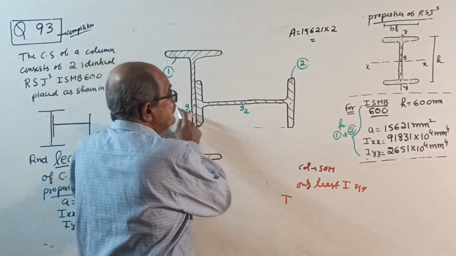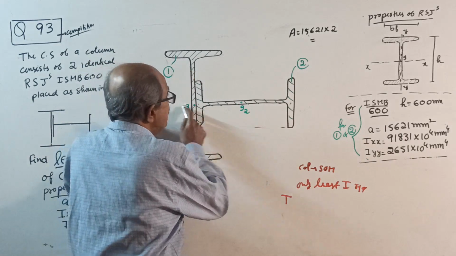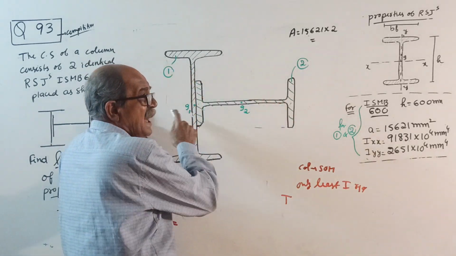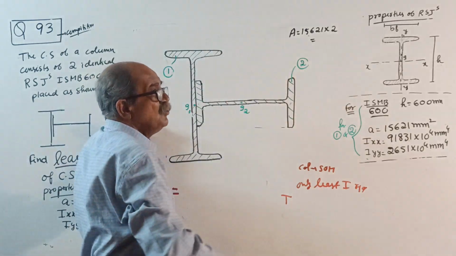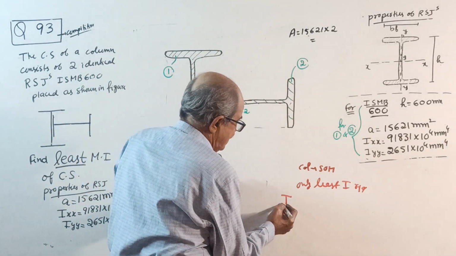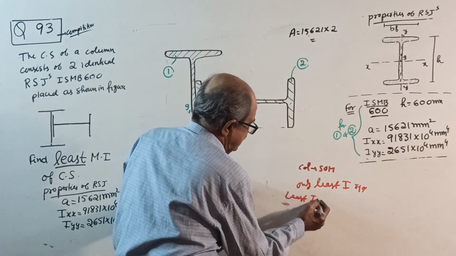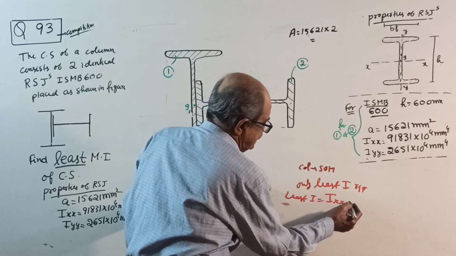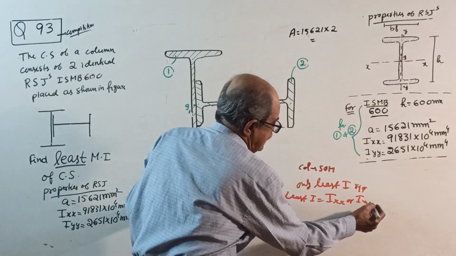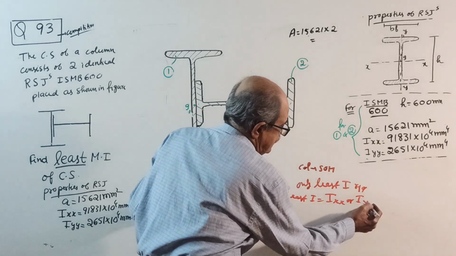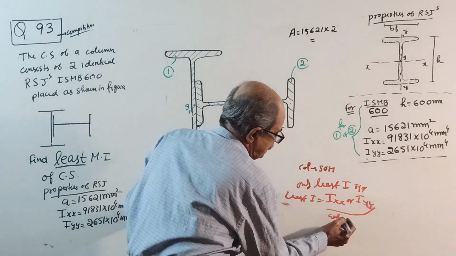Even if one axis of symmetry is there, by virtue of that being principal, the other is also principal. So least I is I about xx or I about yy, whichever is least among the two.